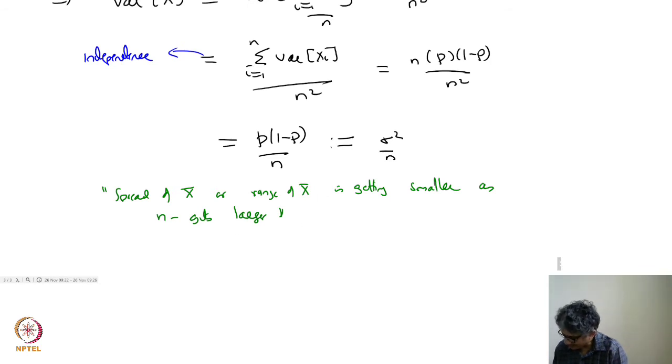The range of x bar is close to its true value, that is its mean, plus or minus the standard deviation. So I should not say sigma squared by n, I'm sorry, I made a mistake. It's the standard deviation, so the interval is mu minus sigma by root n to mu plus sigma by root n.